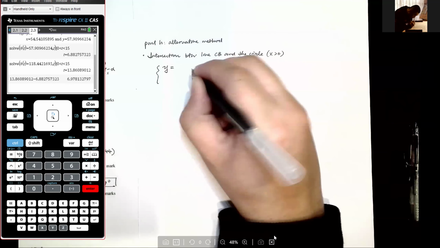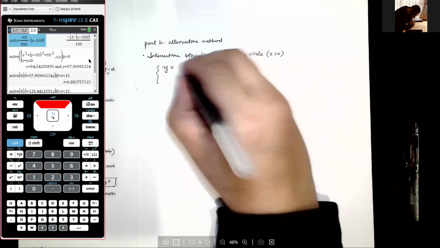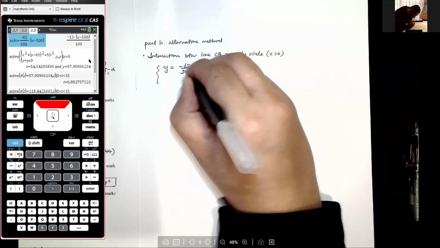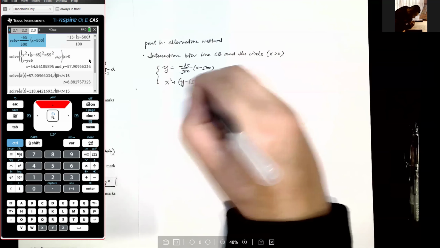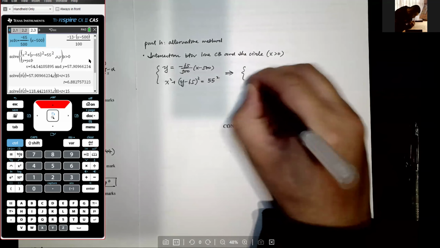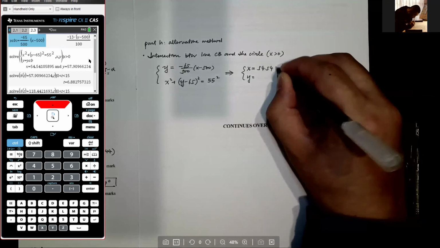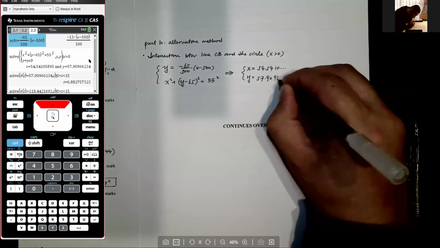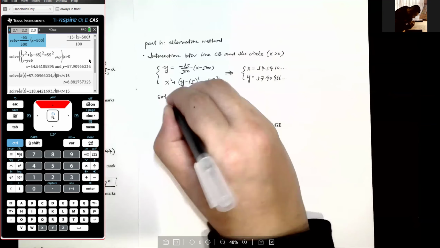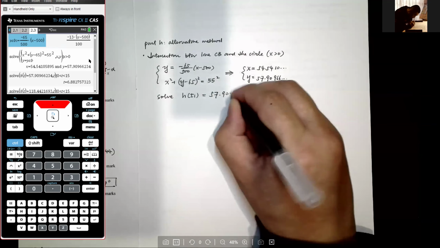So y equals, for example, so h(t1) equals 57.90966.